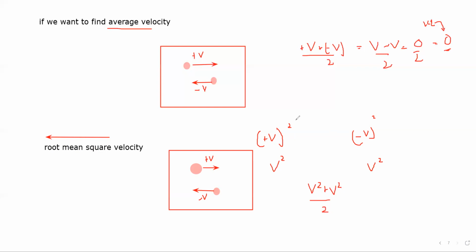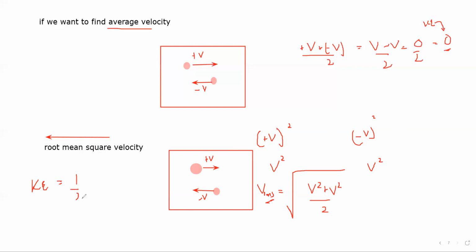But because we took a square first, how can we reverse the effect of the square? What is the inverse of the square? That is the root. So then we will take a root. And we call this speed VRMS.